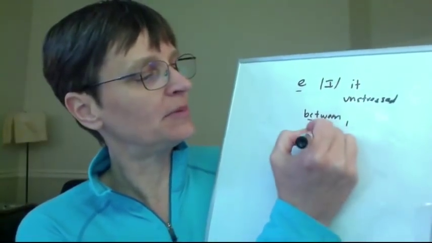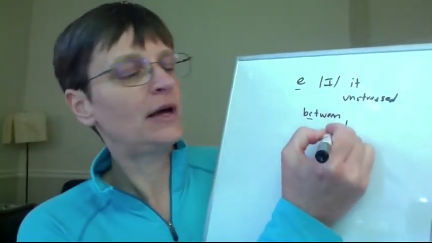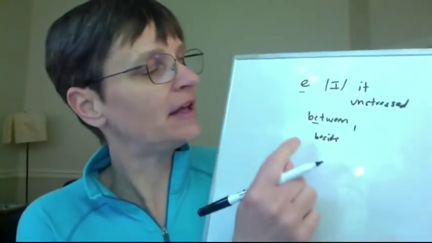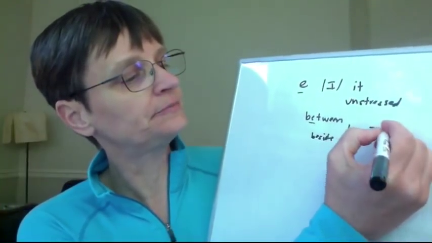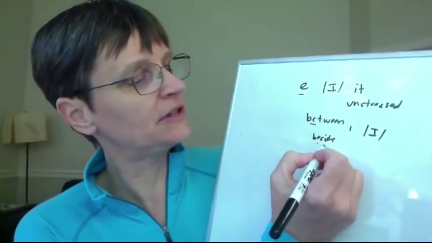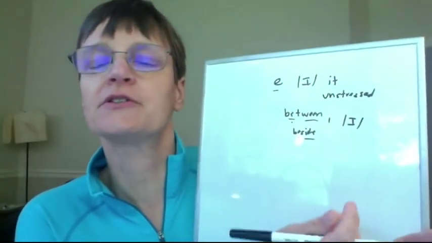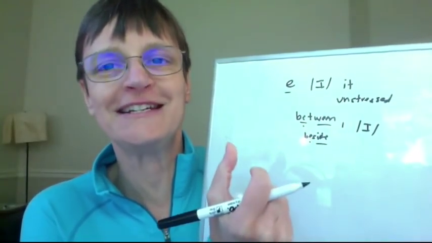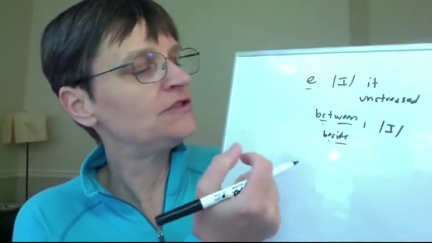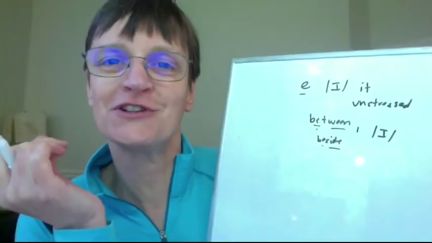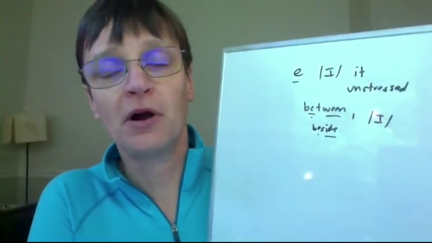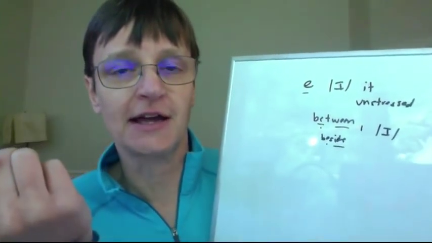Similarly, words like beside and below and beyond have the I vowel sound. That's because those syllables are short and unstressed, so the vowel is reduced from an E to an I. If you say between, people will still understand you, but it will be part of having an accent and sounding accented.